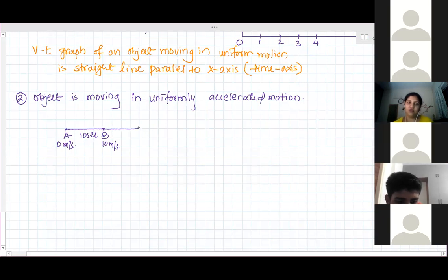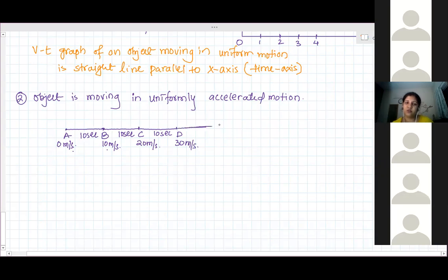Now again, it moves from B to C in the next 10 seconds, and its speed increases to 20 meter per second. So here an increment in speed takes place, but the difference in speed is constant. It's the same. Again, the object moves from C to D in the next 10 seconds, and its speed increases to 30 meter per second. Clear? Able to understand? Yes, ma'am.